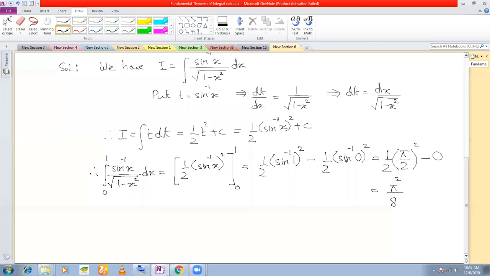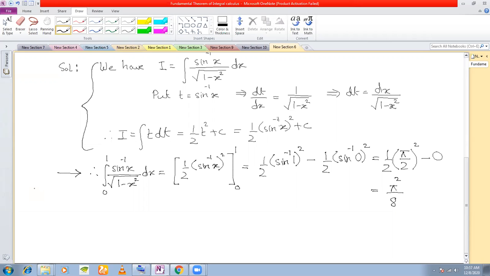But the problem in this method is that we have evaluated it as an indefinite integral here, and then we have evaluated it as a definite integral here. Now in such a case, when you are changing the variable, if you want to use the fundamental theorem, it becomes a little long.